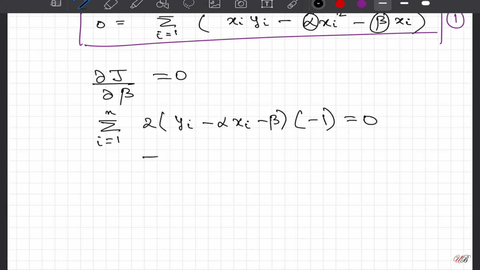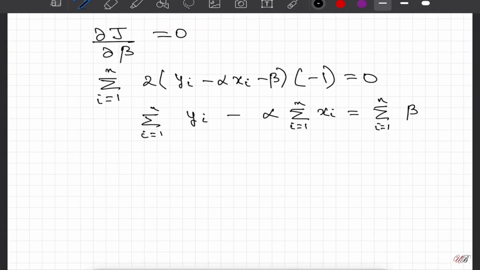Again I can write this as the summation from i equals 1 to n of yi, minus alpha times the summation from i equals 1 to n of xi, equal to the summation from i equals 1 to n of beta.